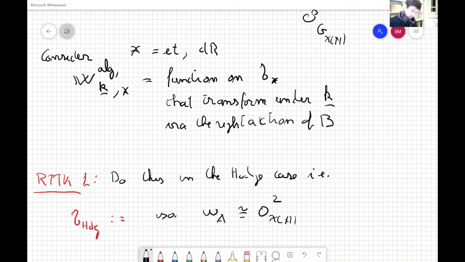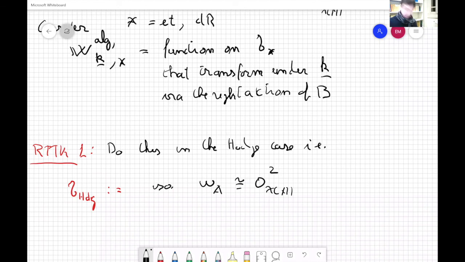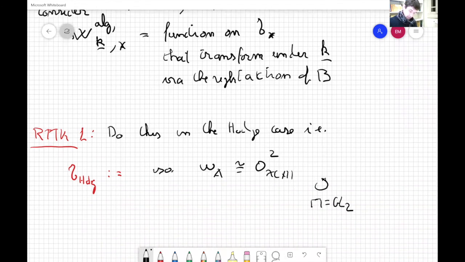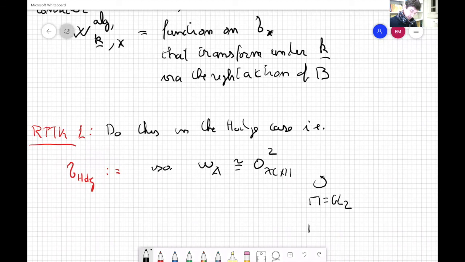Okay, so we are missing here the connection and so on. So it's just part of the Hodge filtration. Here you have an action of the Levi, which in our case is GL2. And here you have actually the Borel intersected with M, which is the Borel of GL2 that acts.